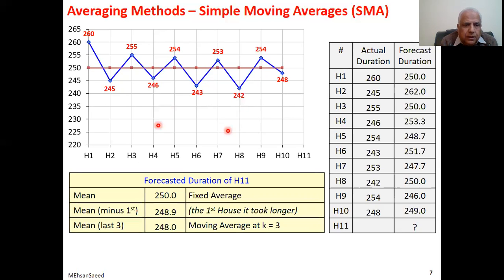So if you take K equal to 3, that means you are going to take the previous value, the one before that, and the one before that, the last 3. This averaging gives you a value of 248.